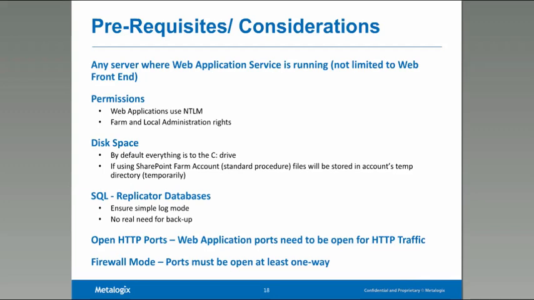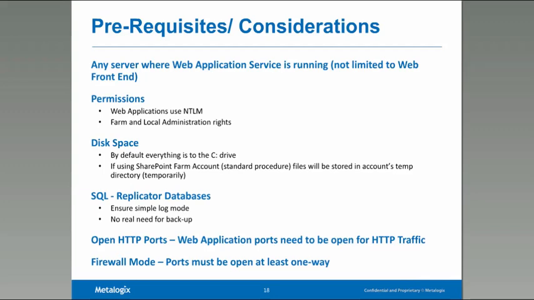All right. So the other thing to think about: HTTP ports. We only communicate over HTTP or HTTPS, so there are no other ports that need to be open other than the web application ports that you're going to need to communicate with the web applications on the other side.